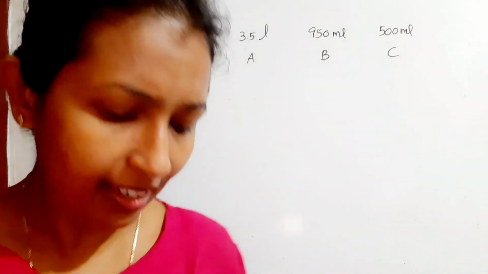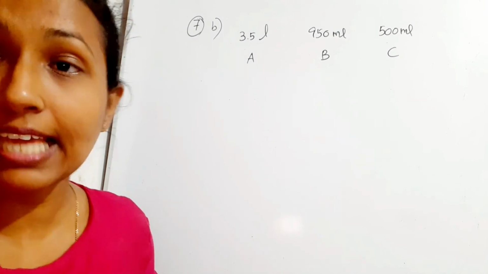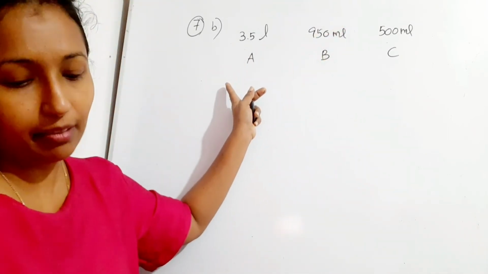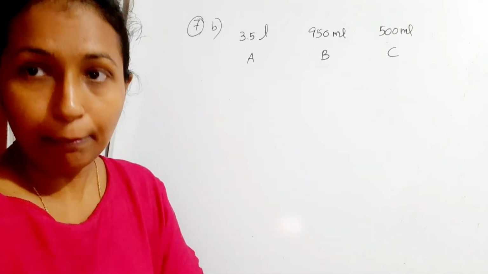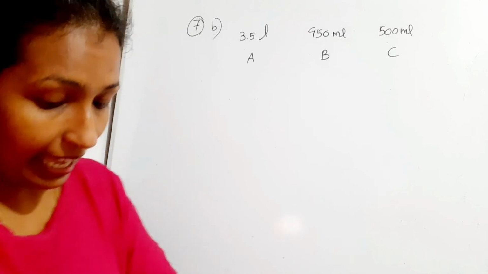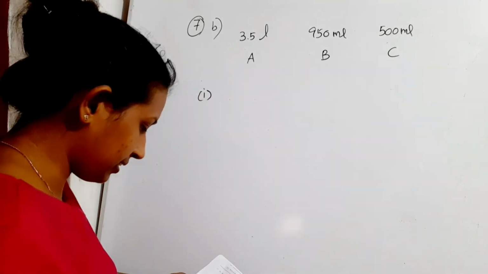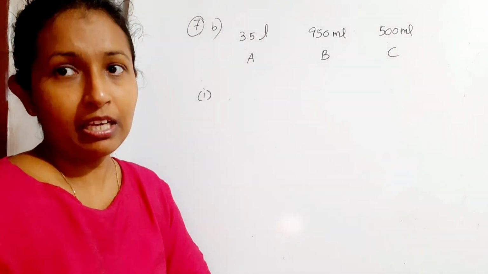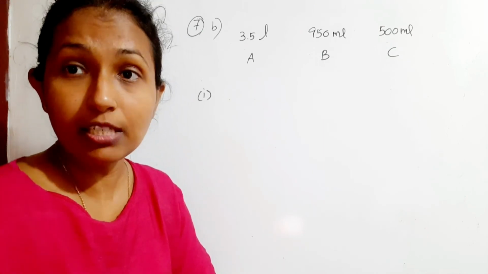Then part B: the following figure shows the volume of water filling the vessels A, B and C. I have not drawn the vessels. You can see them in the paper. Write down the volume of water in milliliters in vessel A. 3.5 liters, and 1 liter equals 1000 milliliters.